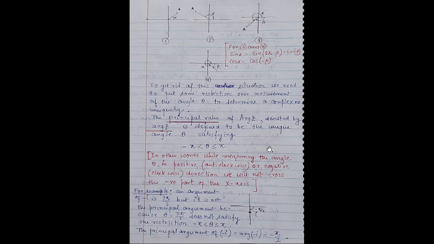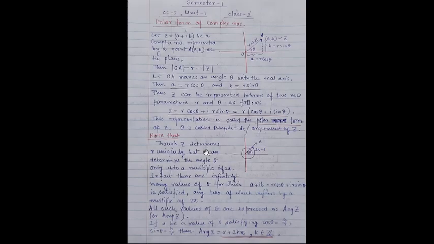So the values coming in this part and in this part, that means below minus pi and above plus pi, are definitely members of the general argument or general amplitude, but the only value that falls within this range minus pi to plus pi is called the principal value, and the value that is falling here will be considered as the value of theta that we'll write here in the polar representation.